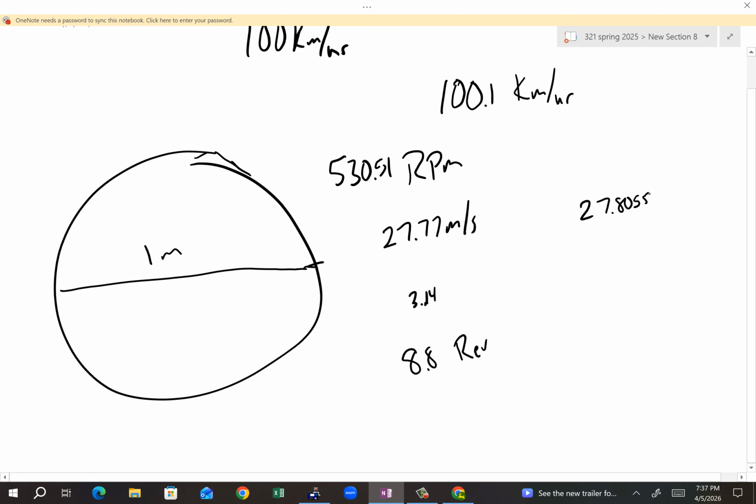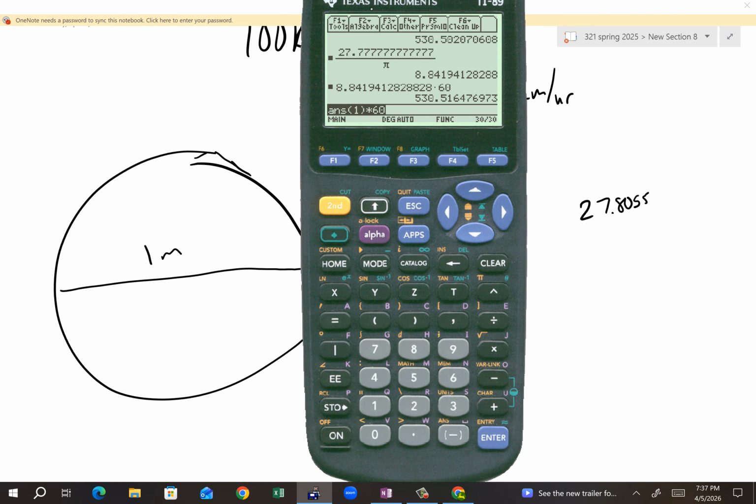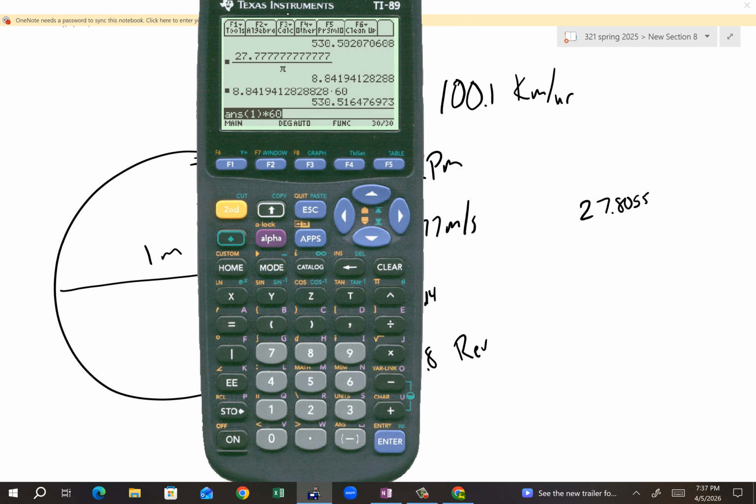Nice. Now, I still need to have 8.8 revolutions. That makes sense? So, 27.805555 divided by pi. As you can see, I need to have 8.85.